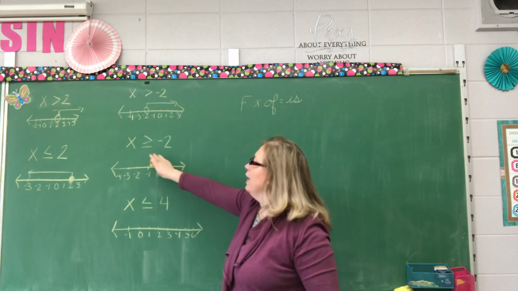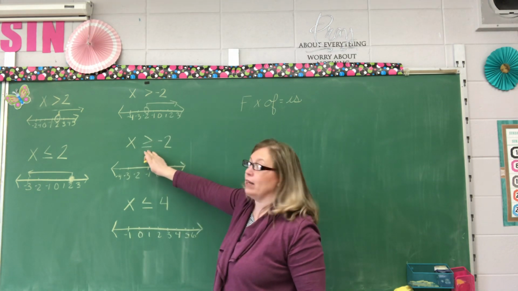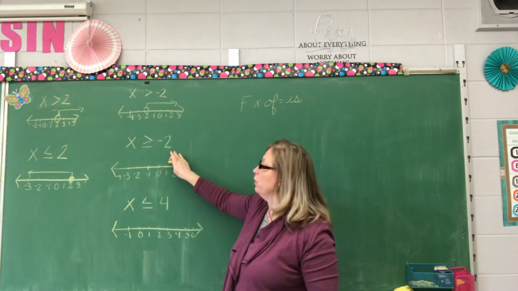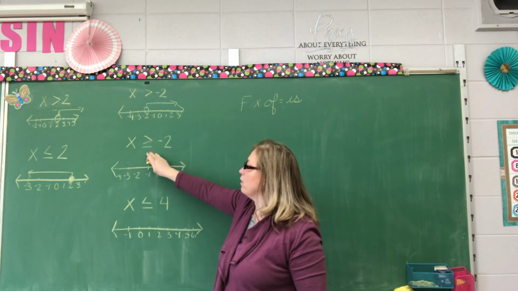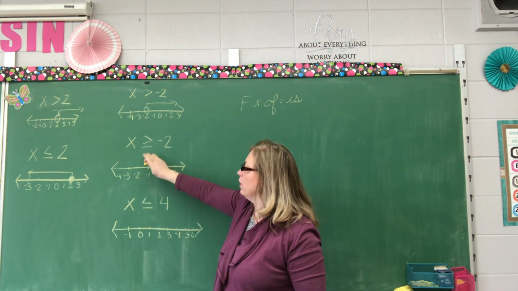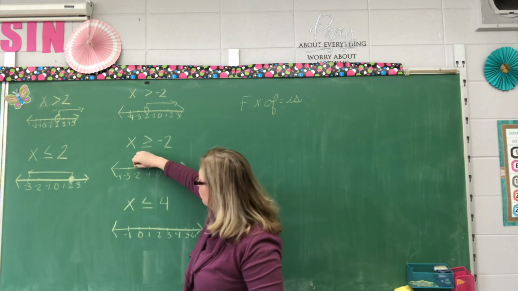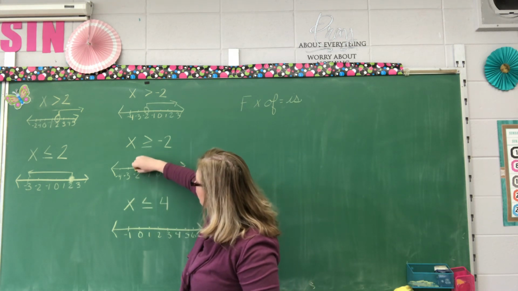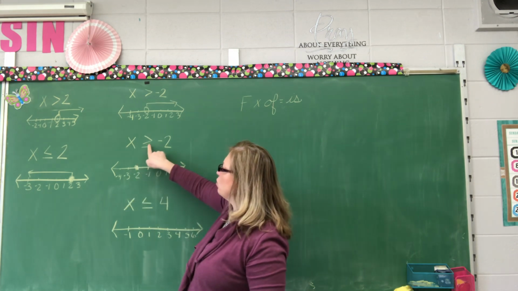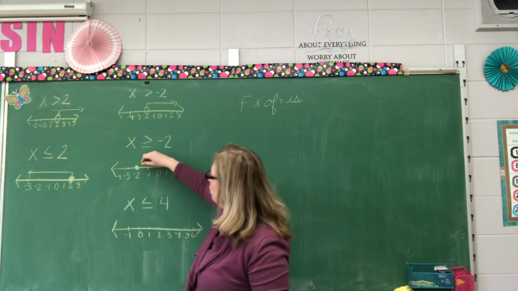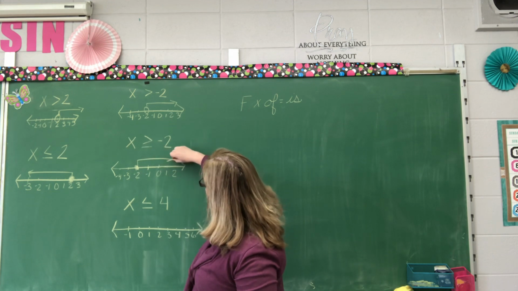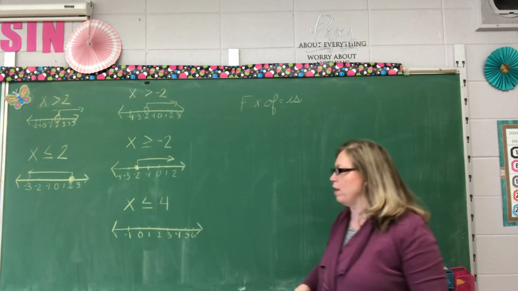Look at this one. X is greater than or equal to -2. Okay, well, I'm going to find my -2. I'm going to color in the dot. And I'm going to ask myself, x is greater than -2, so go to the larger numbers.